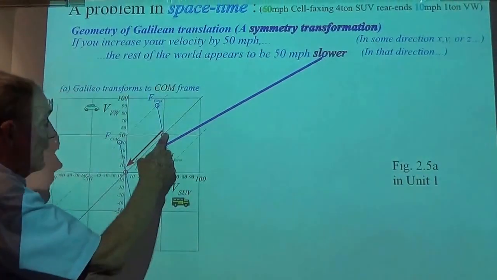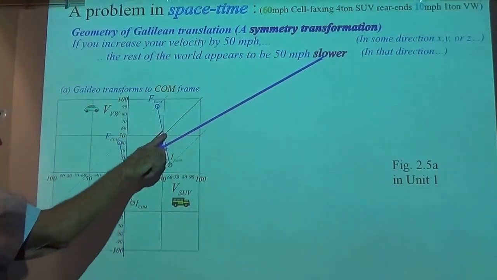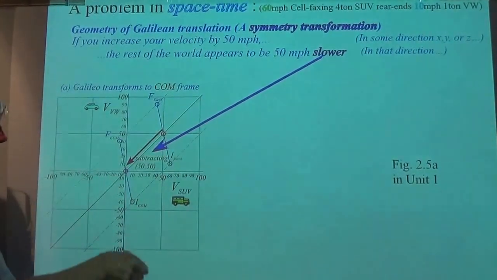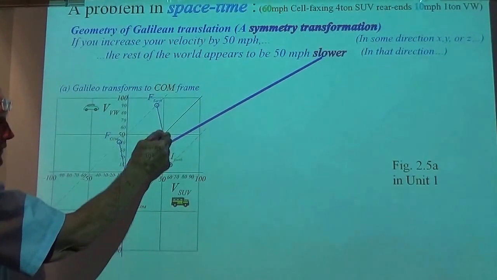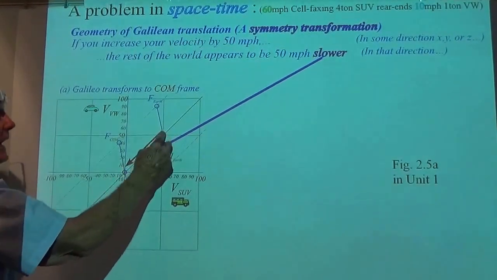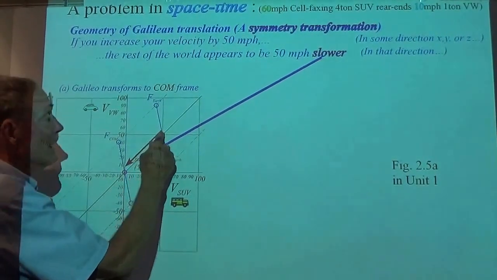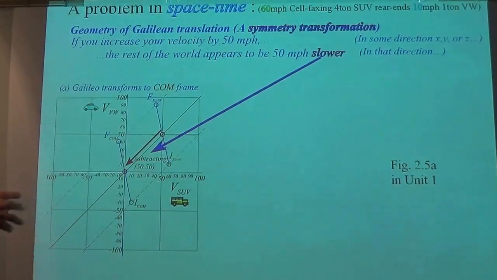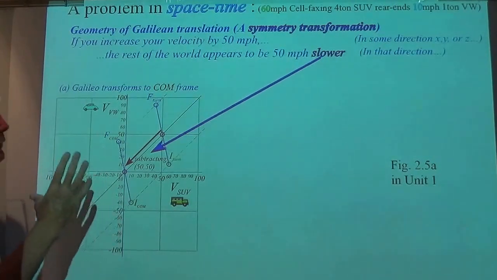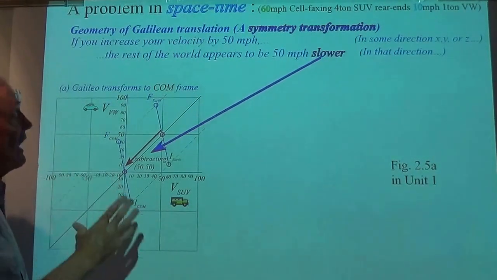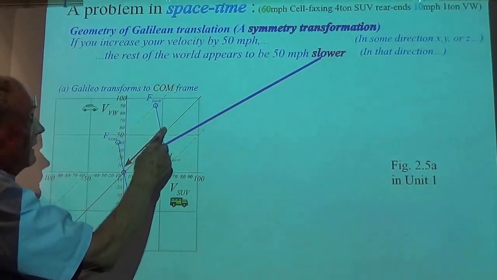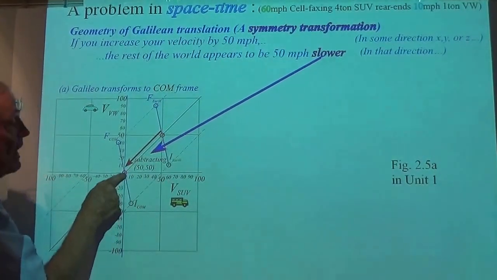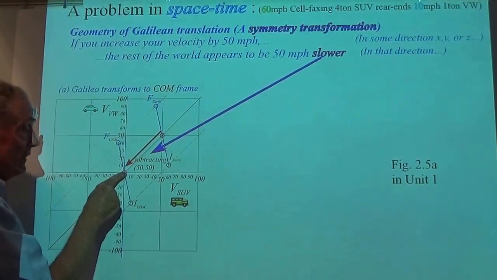Here I'm talking about 50 miles an hour at this point for both of these vehicles. At the moment they're stuck together. And I'm saying if I could get onto a car, I imagine in the textbook an actual motorcycle cop going 50 miles an hour alongside this, in that frame, they're not moving at all, you see.